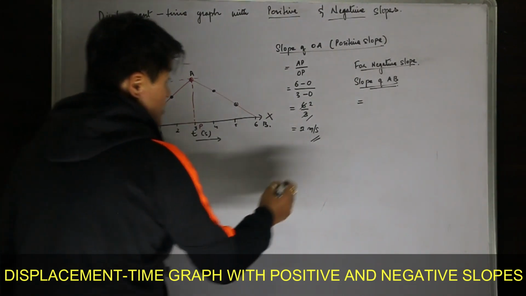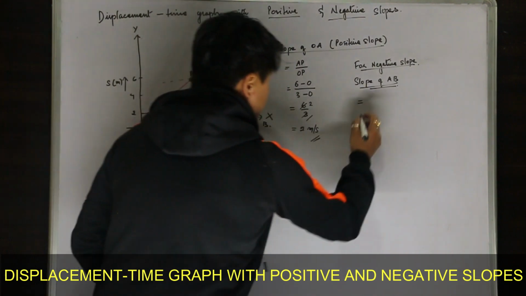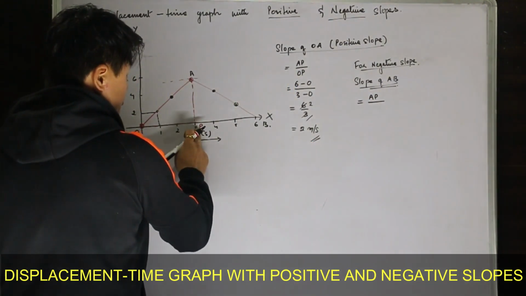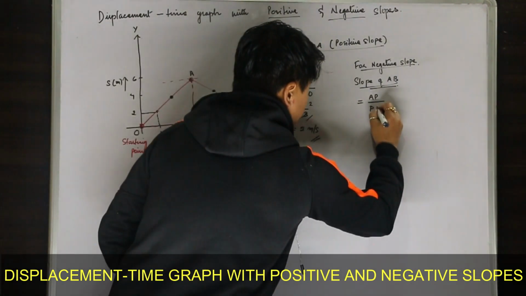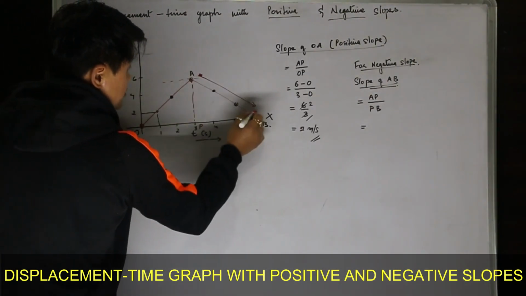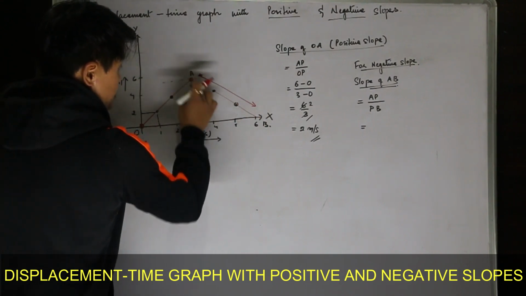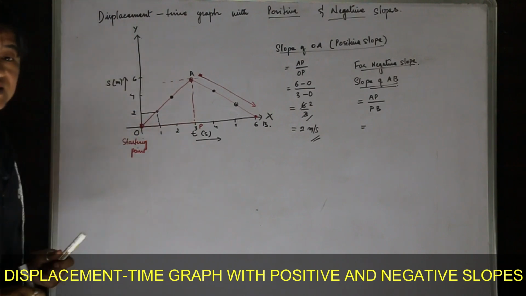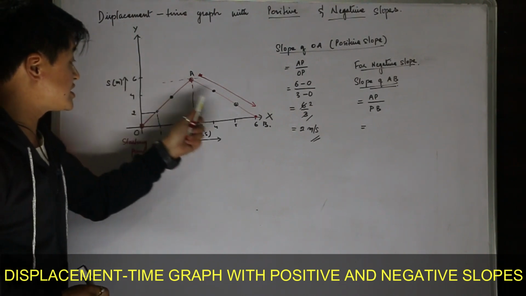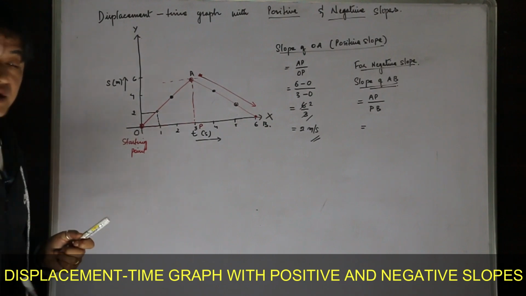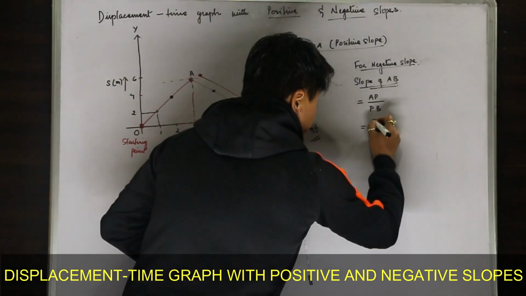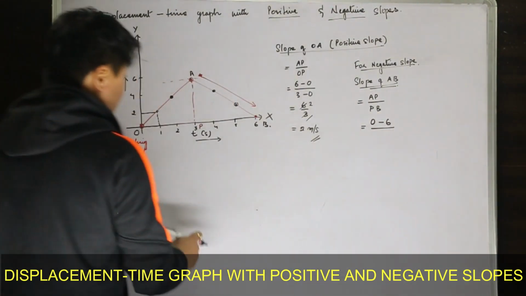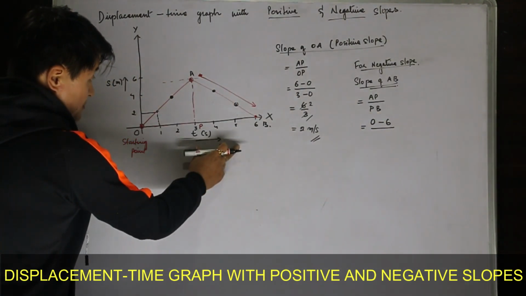So here the slope of AB will be AP upon PB. The movement of the ball is from this point to this point. Initially the distance was how much? 6 meter. Finally it reaches the distance of 0 meter. So this will be 0 minus 6 divided by, how much time is it taking?